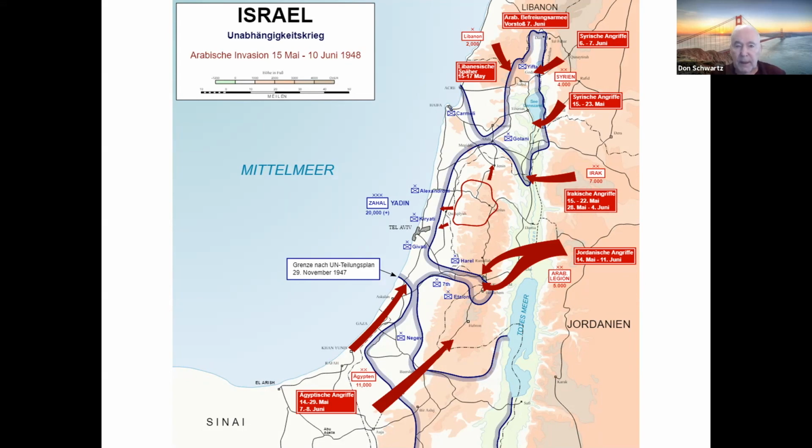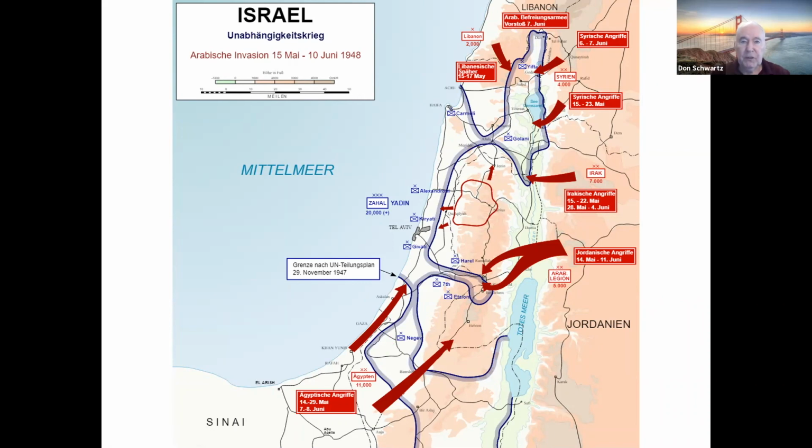And so in this map, which happens to be in German, you see forces invading the new Jewish state from Lebanon in the north, from Syria in the northeast, from Iraq, from Jordan, and from Egypt.